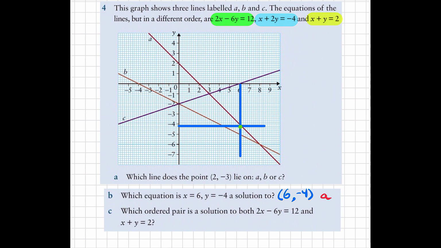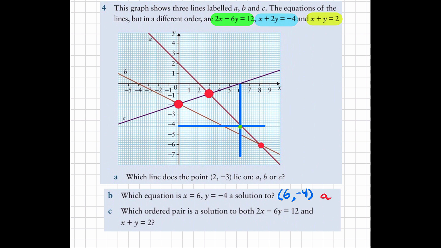Okay, and question C says that we have an ordered pair, but it's going to be the solution to both of these lines, 2x minus 6y equals 12, and x plus y equals 2. So what that means is that it's going to be at a point where 2 lines cross. And where do we have those points? Well, I've got one point right there, one point right there, and one point right there.